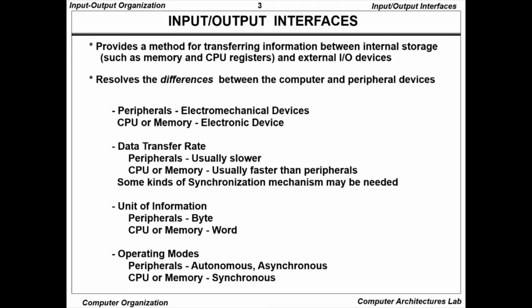In operating mode, the peripheral is autonomous and asynchronous, and CPU or memory is synchronous. Synchronous means two-way communication, and the peripheral is single-way communication. There is a difference between synchronous and asynchronous.